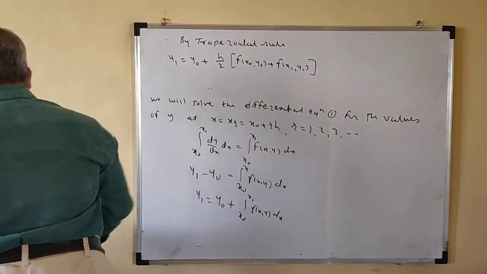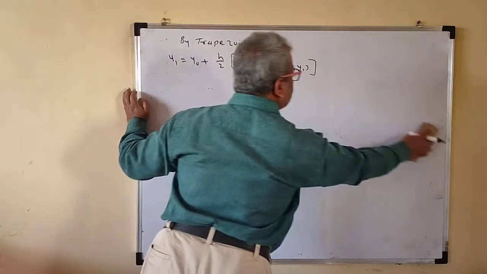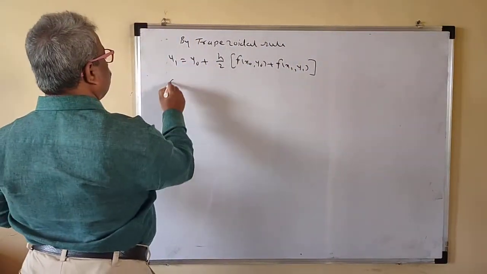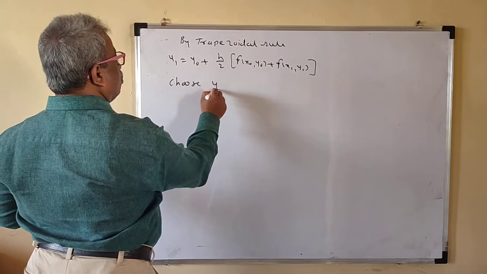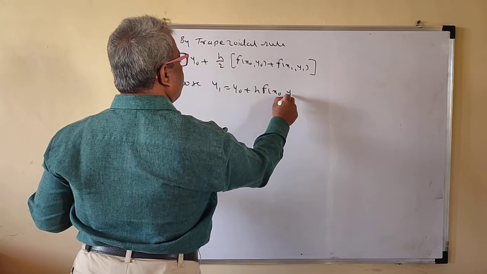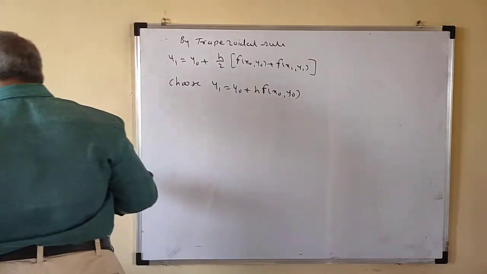Okay, so we'll choose y1 is equal to y naught plus h f of x naught, y naught.